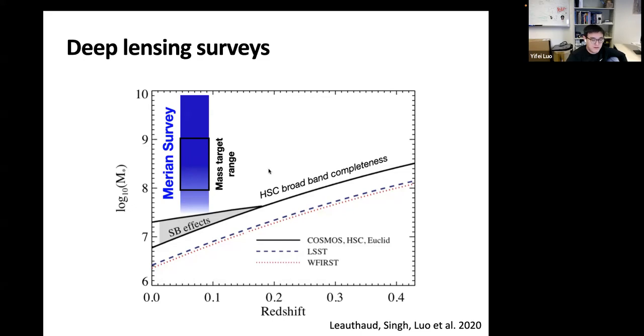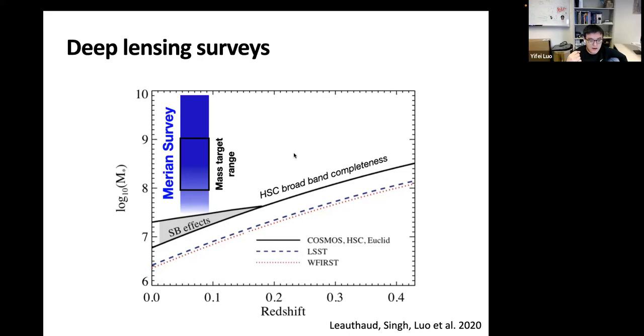You can find a large and mass-complete sample in this redshift range, a large sample to, say, measure the weak lensing signal and study the dwarf halo properties. So we want to estimate how good we can get.